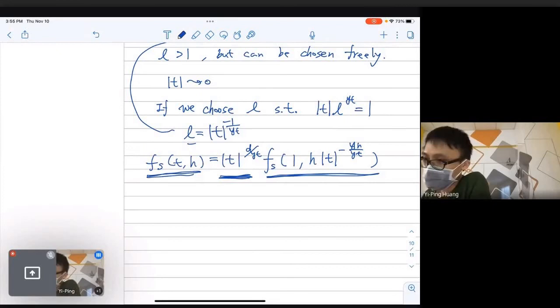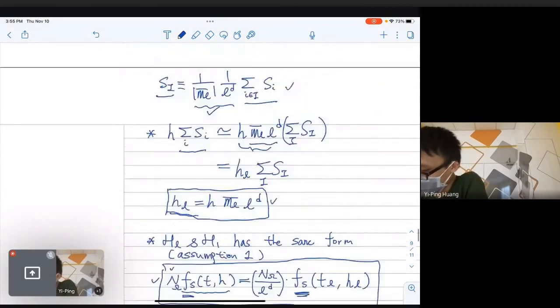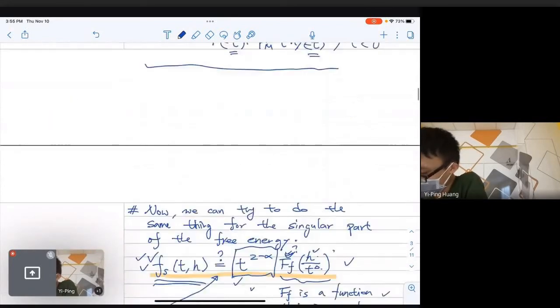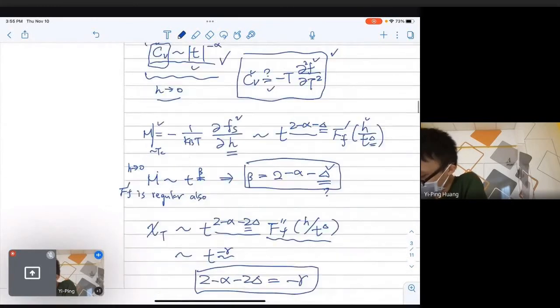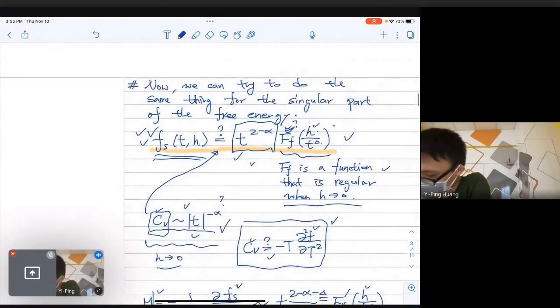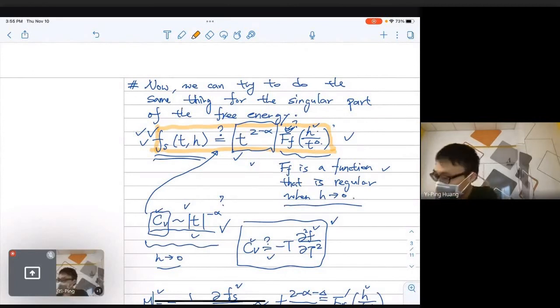So if we look back at the scaling hypothesis that we derived some time ago, it basically looks pretty much like this. You have some dependence on the reduced temperature in some power law fashion, and you have some function that depends on some parameters of the reduced temperature and the reduced magnetic field.